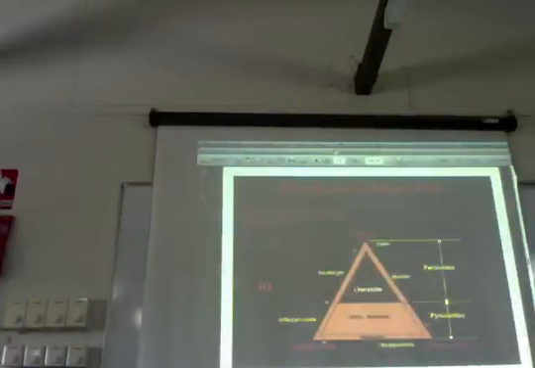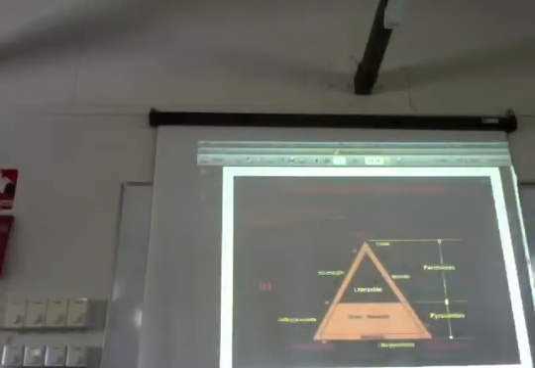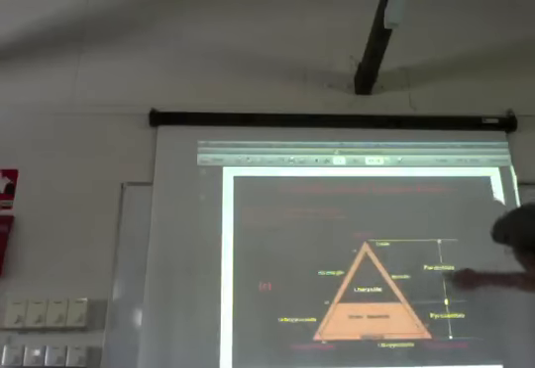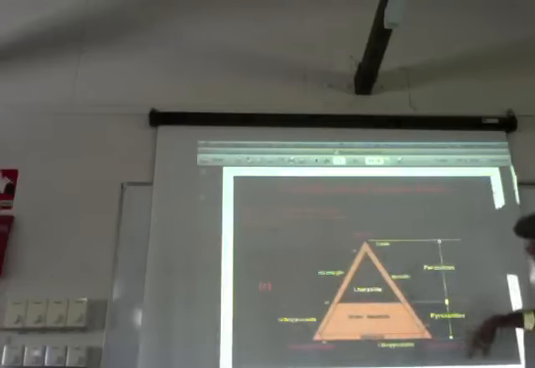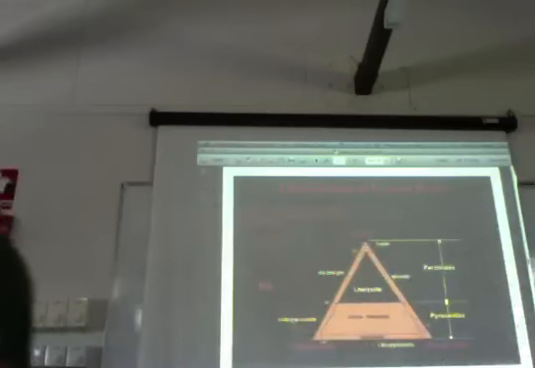In the residuum are then the lherzolites, the harzburgites, or the dunites. I will show you some diagrams about this later. So from here to here we are forming peridotites. That means the group of lherzolites, harzburgites, and dunites are called peridotites.